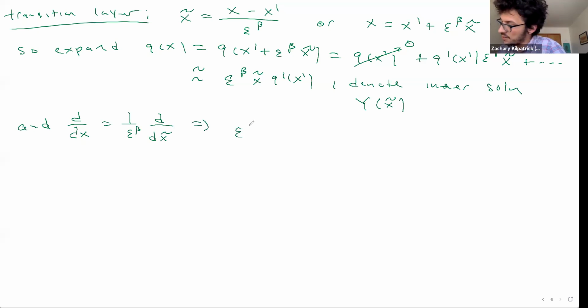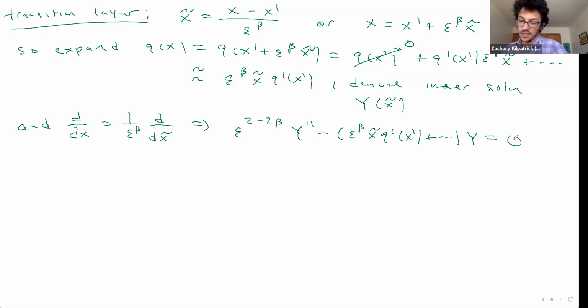And this means that epsilon to the 2 minus 2 beta y prime prime minus epsilon to the beta x tilde q prime of x prime plus higher order terms times y is equal to 0.